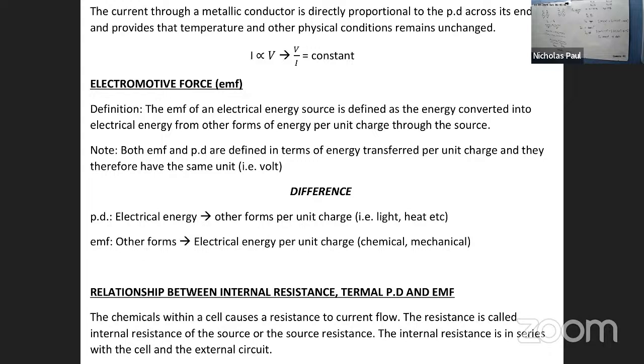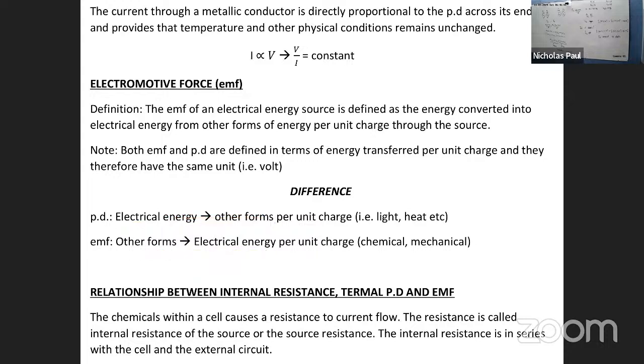We said that we will get EMF from the source, but where will you get PD? Across a load, something that's using electrical energy. So across the load, you'll be able to get PD.